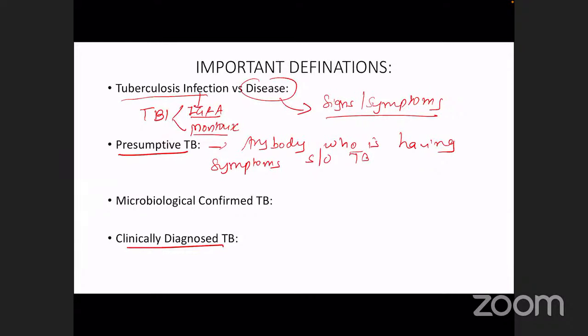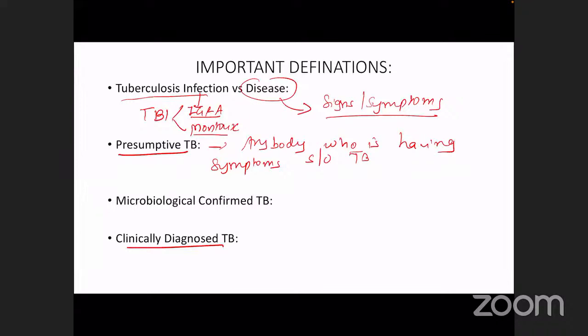Apart from that, we may have many other symptoms, but fever, cough, weight loss, and night sweats are the four classical symptoms of tuberculosis. Not just these four symptoms, but any patient who is having signs or symptoms suggestive of tuberculosis, but you have not yet diagnosed it microbiologically or using some investigation. So anybody who is a suspect, we call the patient presumptive tuberculosis.